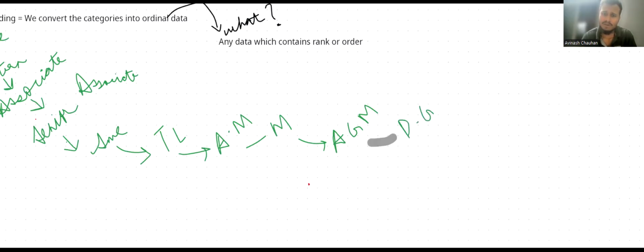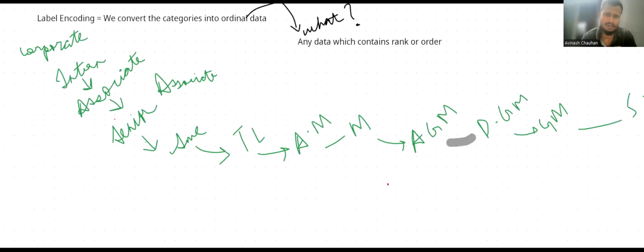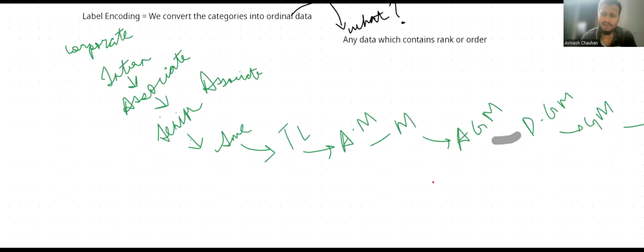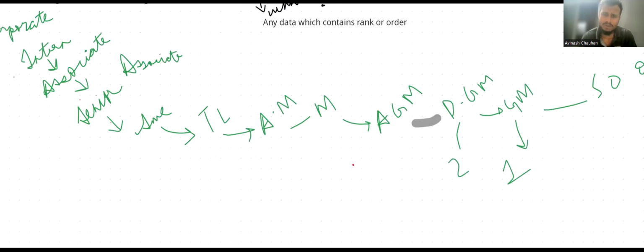Then it comes general manager, and so on. Okay, so you can see here, just assume general manager is the top level.